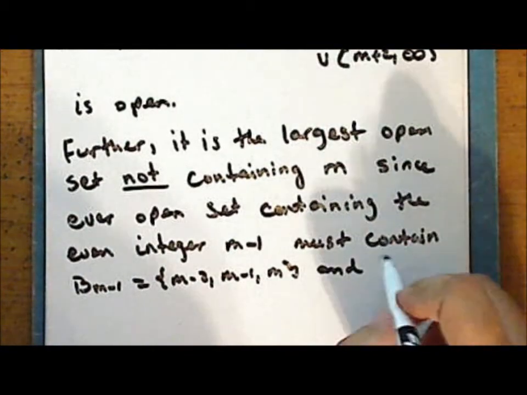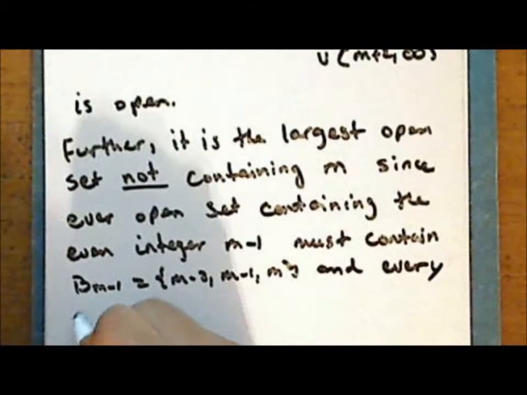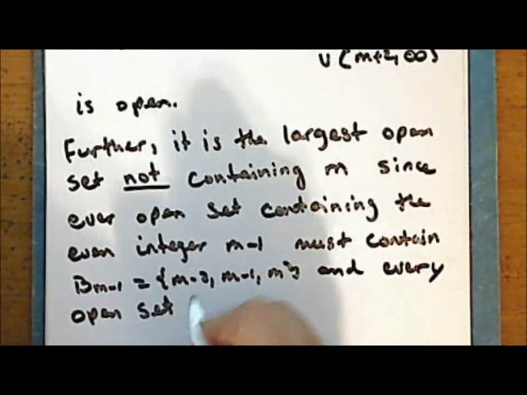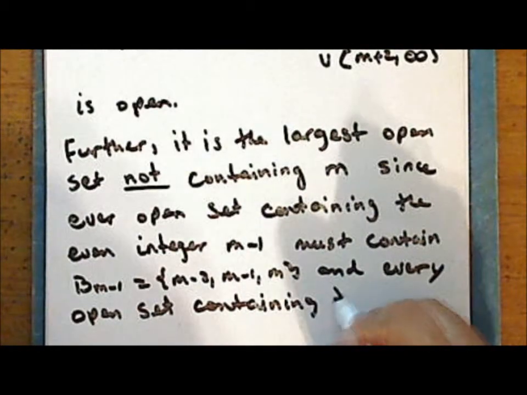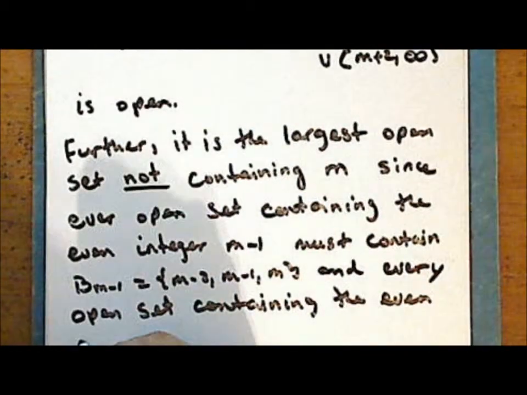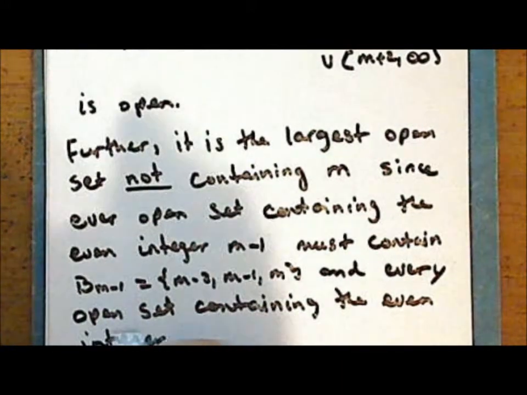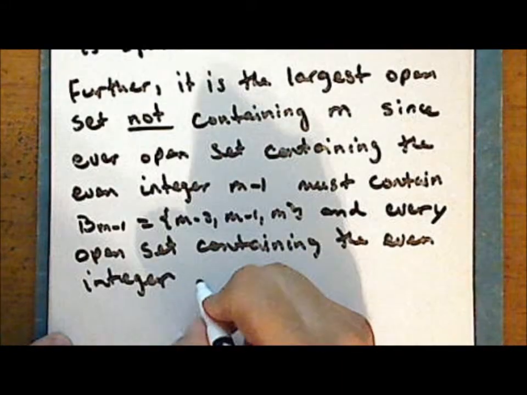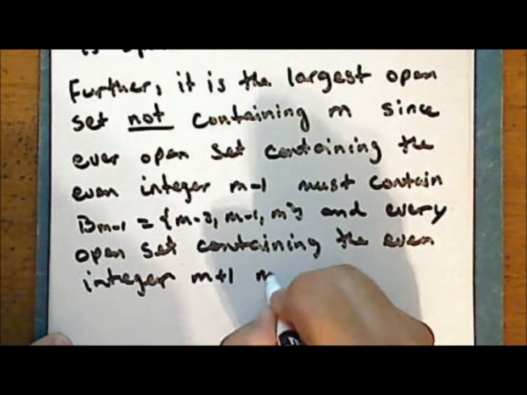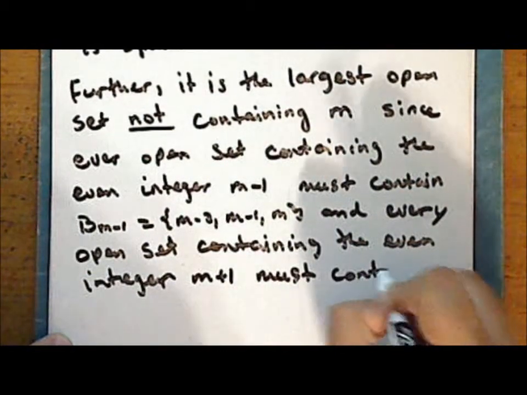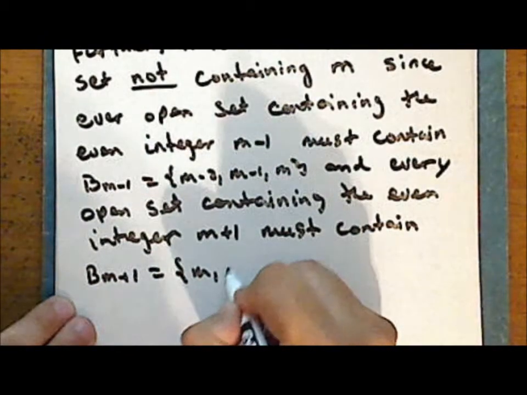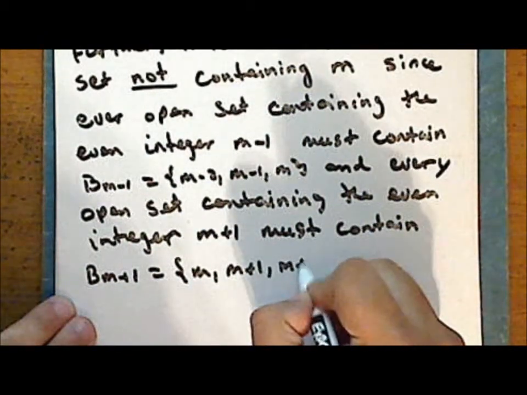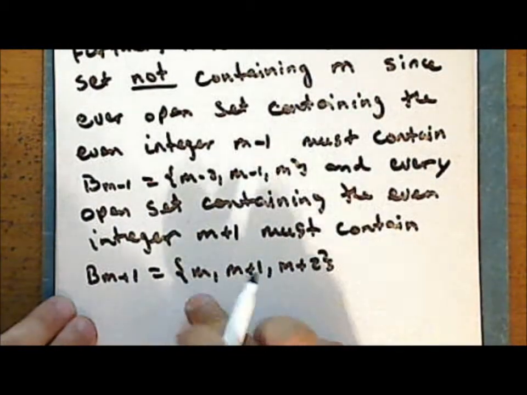every open set containing the even integer m plus 1 must contain the basis element B sub m plus 1, which also contains the integer m.